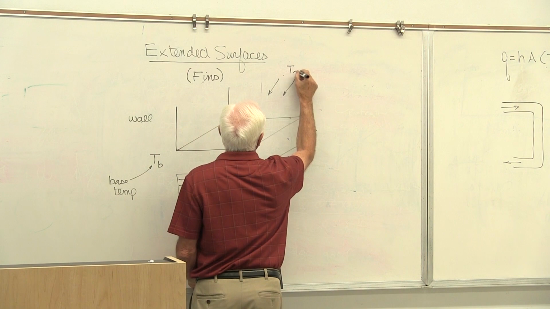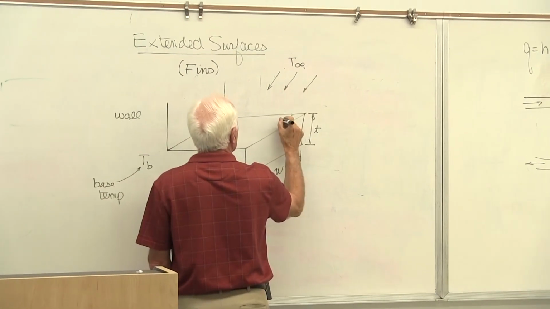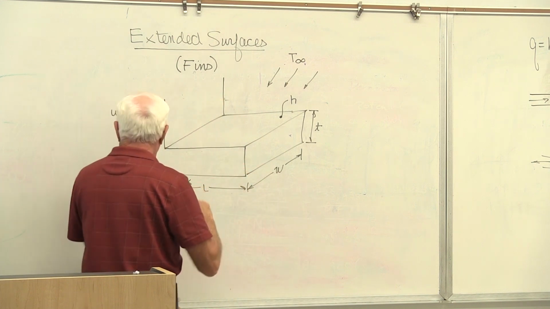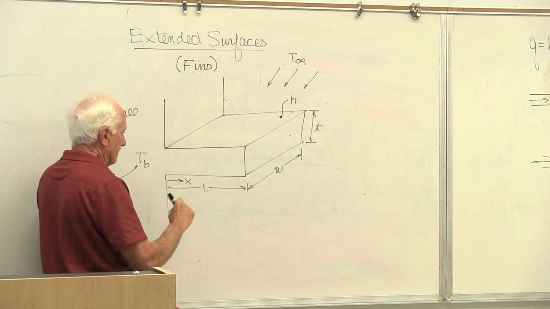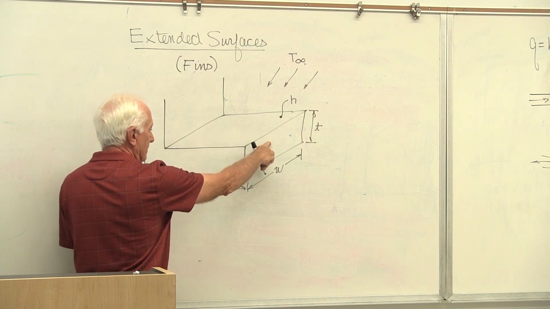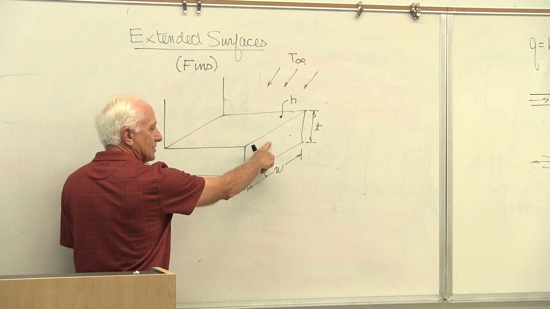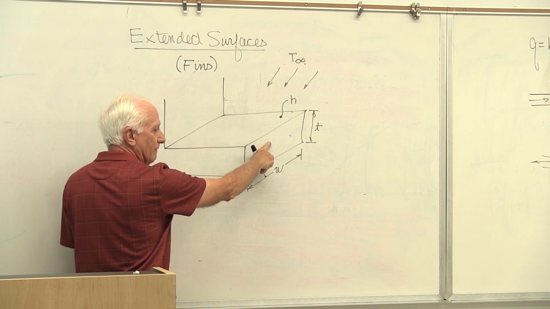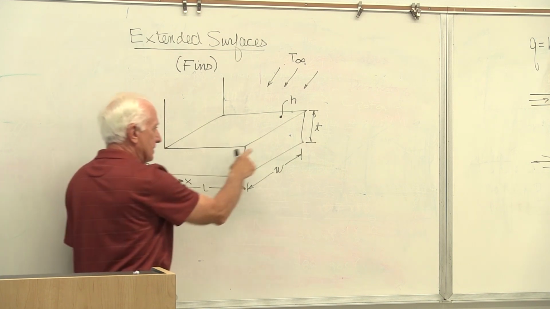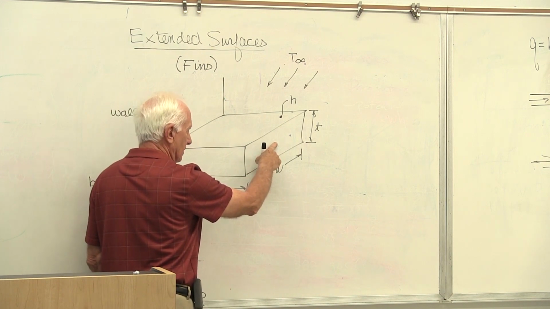So here's T infinity. The convection coefficient on the fin surface is h. The area when x equals L is called the fin tip. So there's a base of the fin, x equals 0, and a tip of the fin, x equals L.